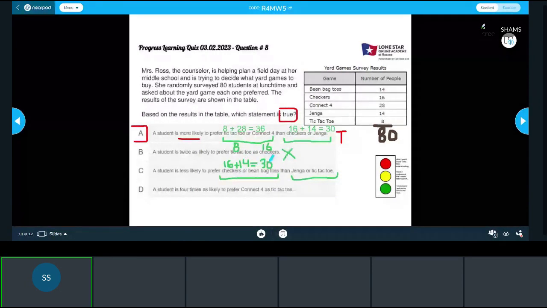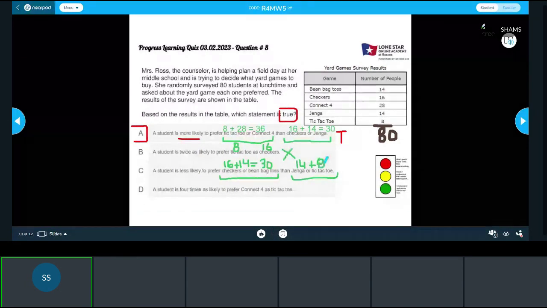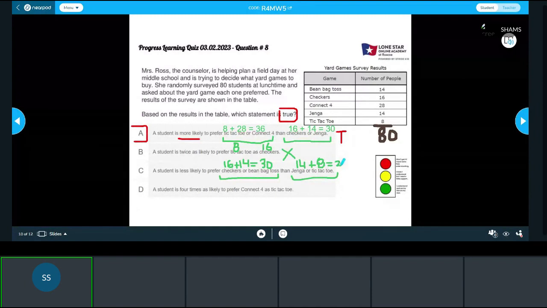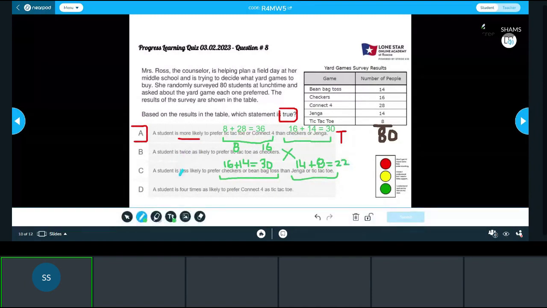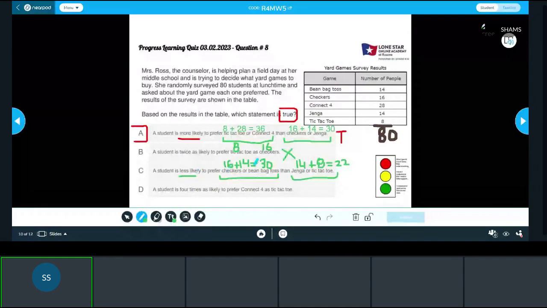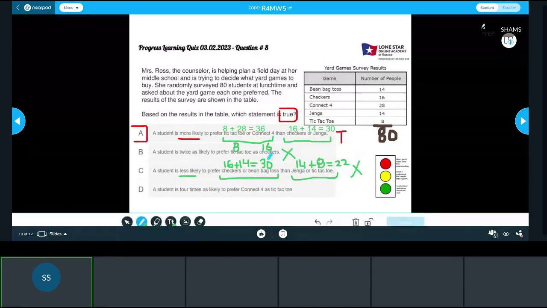So Jenga is 14 and tic-tac-toe is 8. That gives us a total of 22. A student is less likely? That is not correct. Students are more likely to prefer checkers and beanbag because the number is 30. Total is 30.